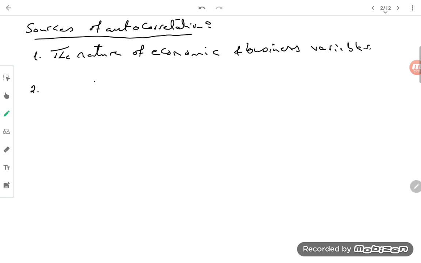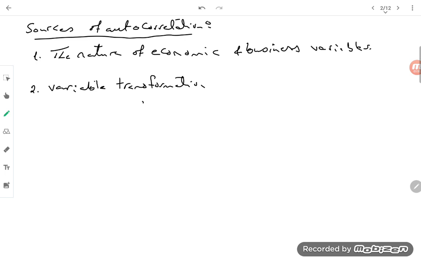Number two, variable transformation. In some econometric models, economists use the change form instead of the level form, or the first difference form instead of the level form.